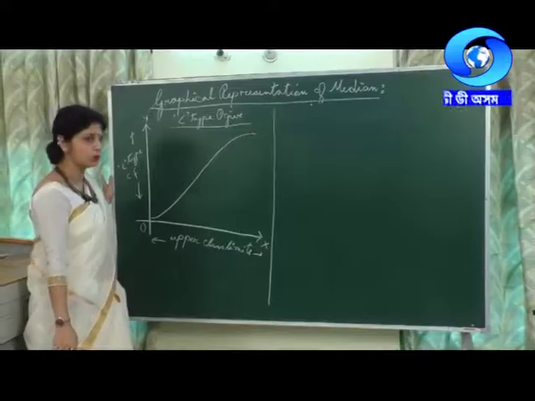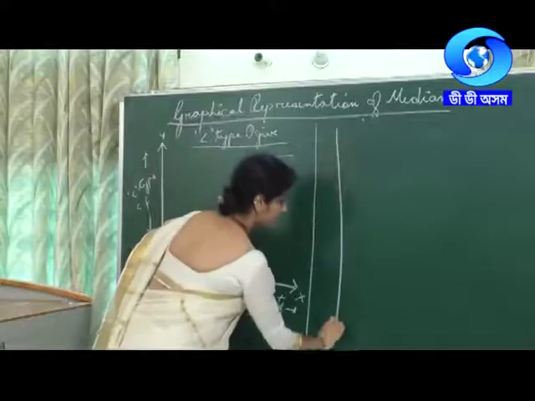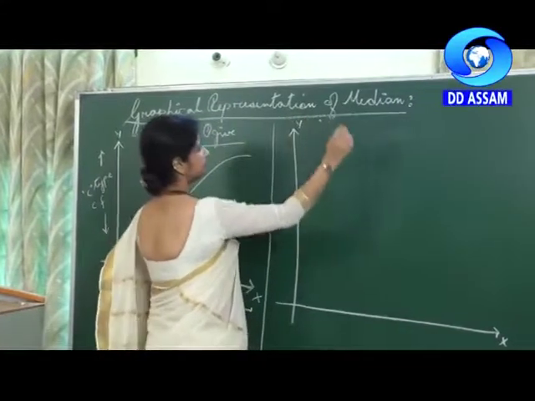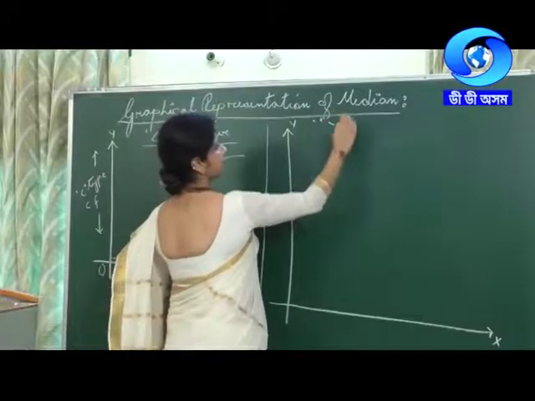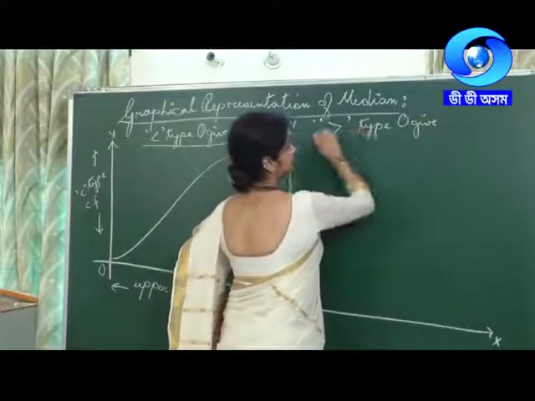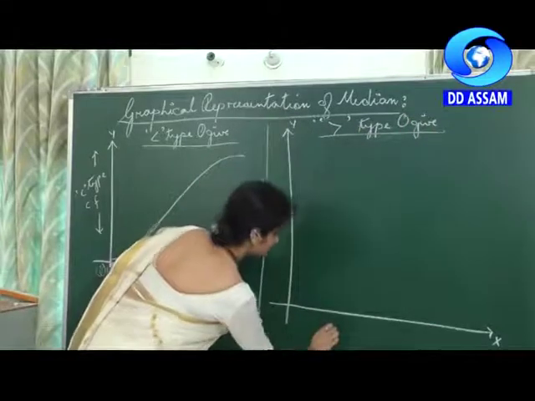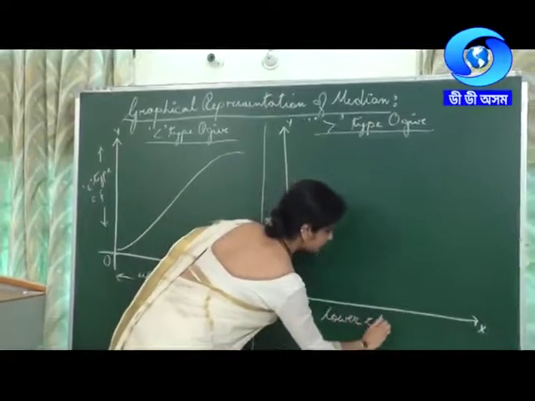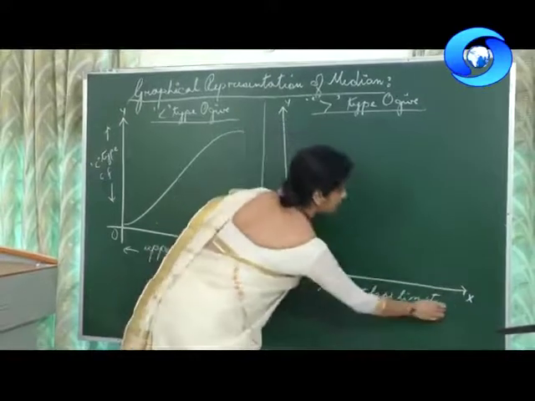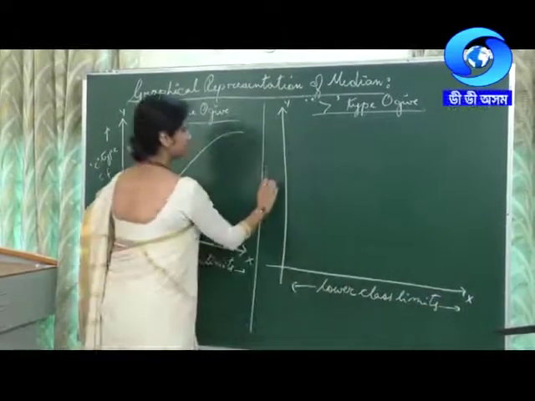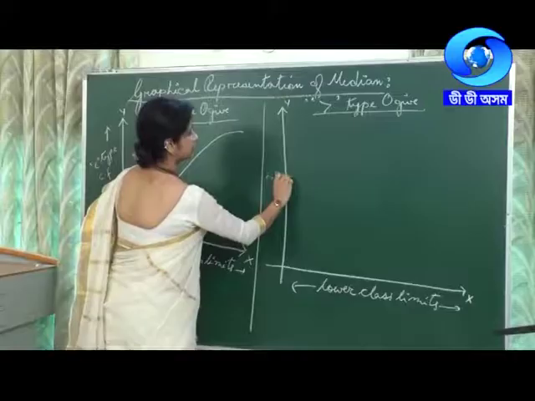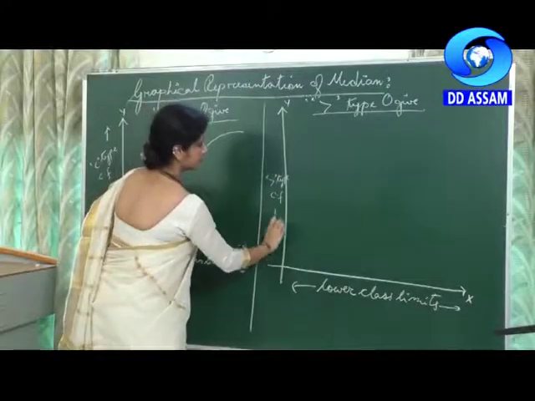which is called the less than type Ogive. Similarly, to draw the more than type Ogive, on the x-axis we shall plot the lower class limits and on the y-axis we have the more than type cumulative frequencies.